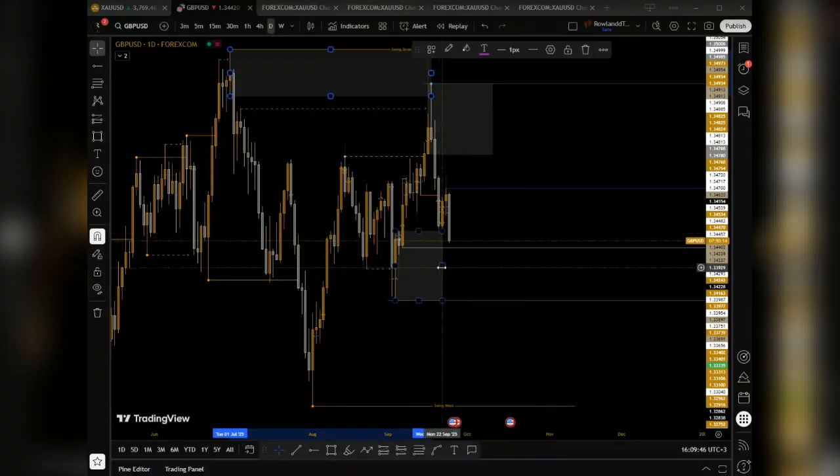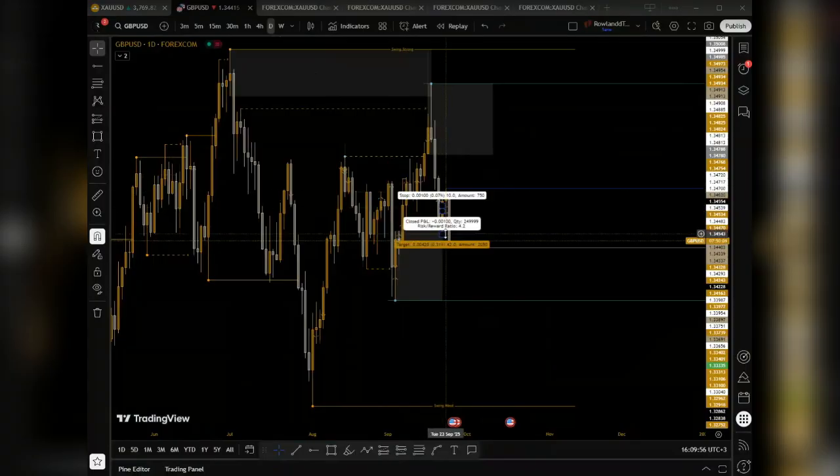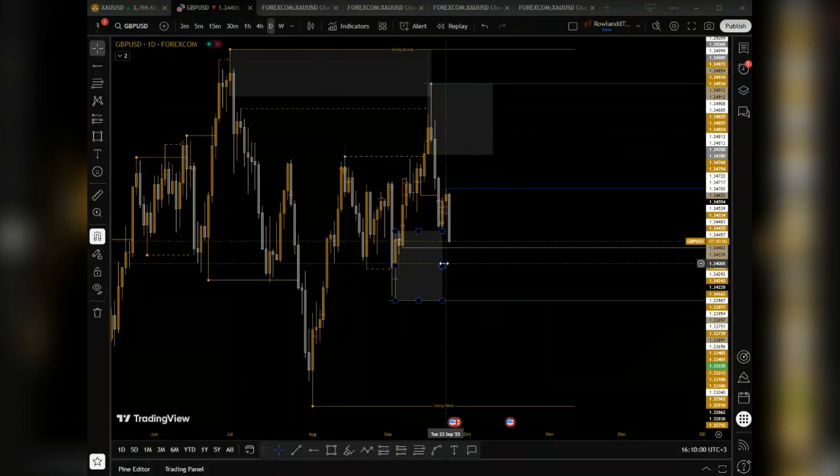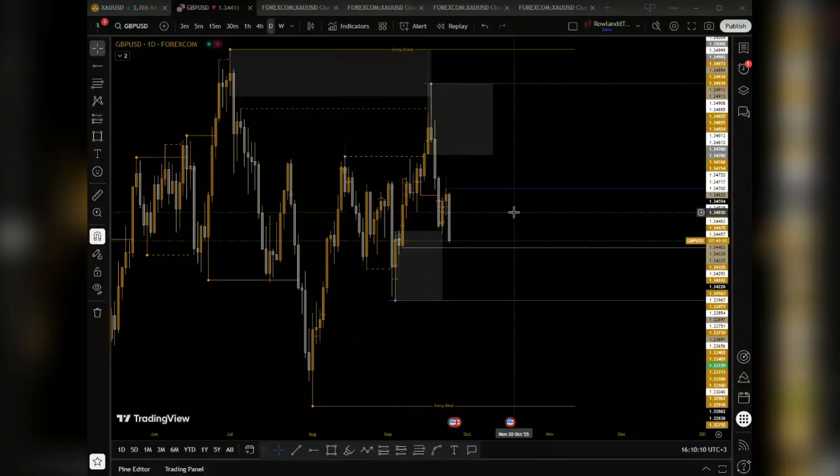Price mitigated this demand right here, tried to push price upwards, but at this point, there is really no point expecting this demand to hold because you've already seen price has actually failed to make the continuation from the first mitigation. At times, price can actually mitigate a point of interest twice or thrice before actually making the real move. But yeah, this is what you have on the daily. This is the narrative that I have on the daily time frame.